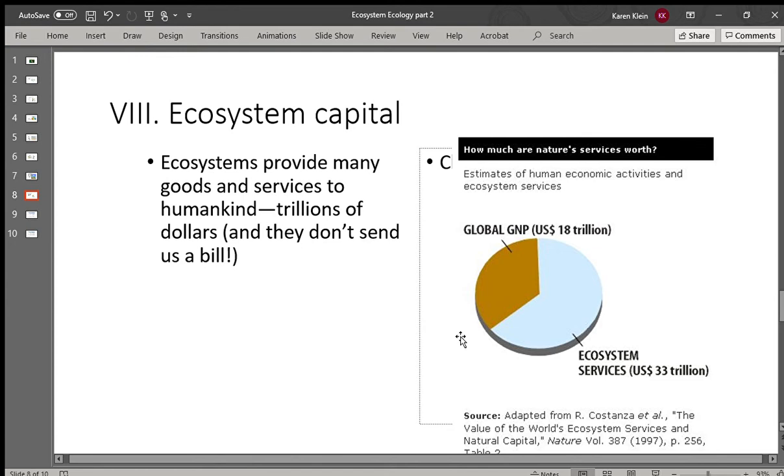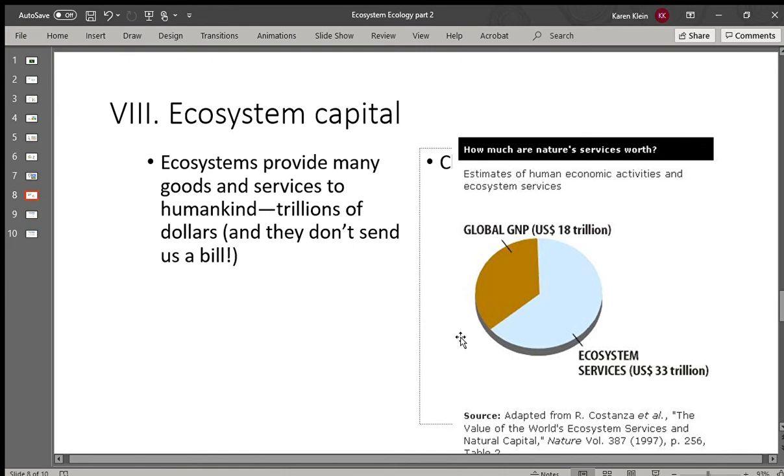Ecosystems allow us to live here, but they also provide goods and services that we could not live without, and also make our life comfortable, or I should say the kind of life that we have grown to know and to love. Now, ecosystems provide goods and services to humankind.